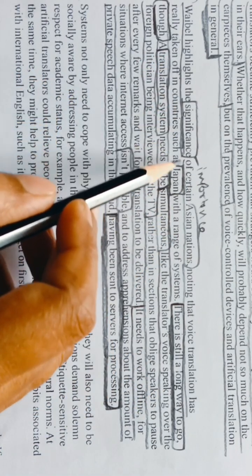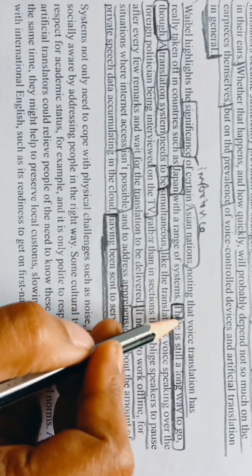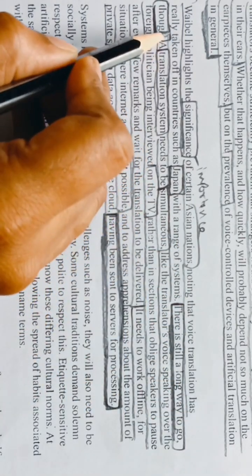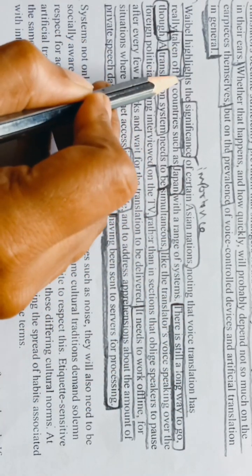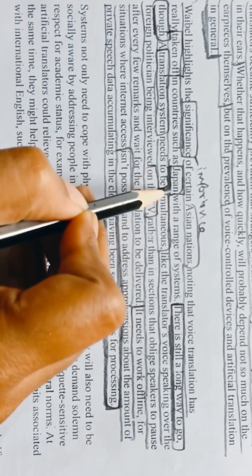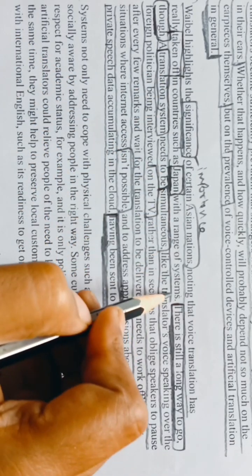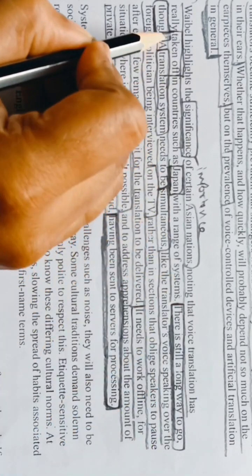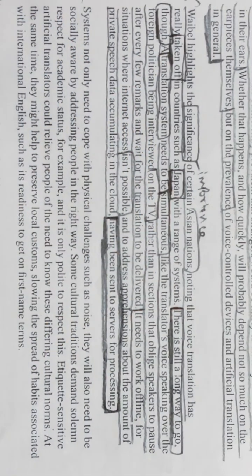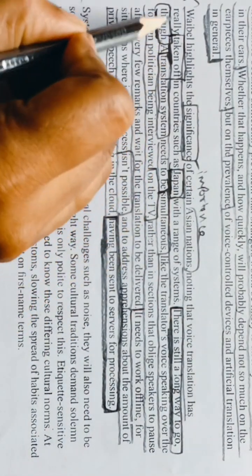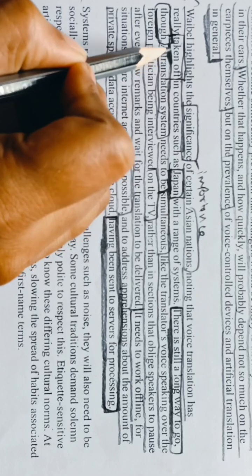Weber highlights the significance of certain Asian nations, noting that voice translation has really taken off in countries such as Japan with a range of systems. So taken off means development fast.